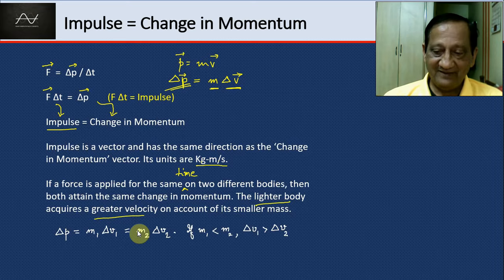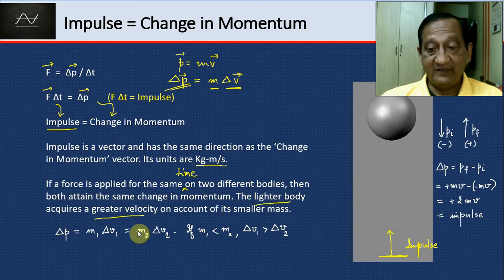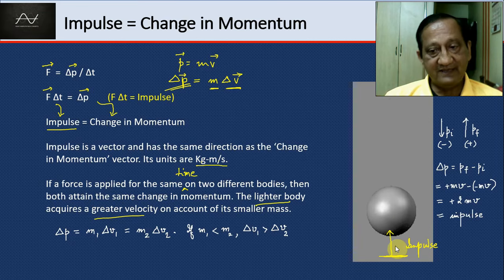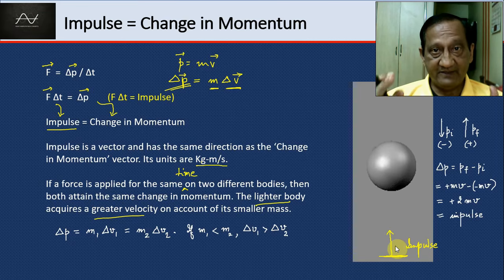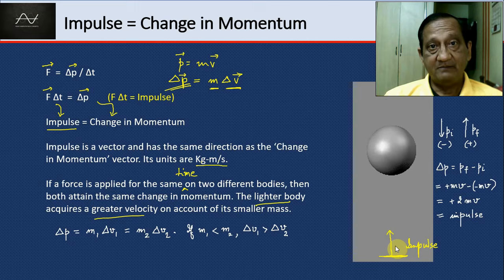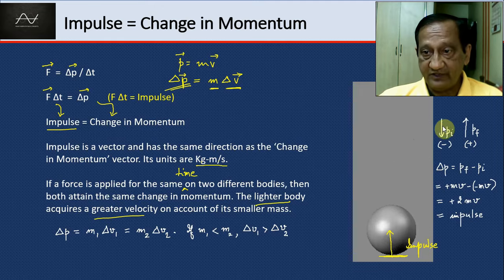Look at this ball bouncing up and down. When it hits the ground, it is changing its direction. Momentum is changing. We are saying that it rebounds with the same speed, but velocity is reversing. That means momentum is reversing. Initial momentum downward, final momentum upward. Downward is negative, upward is positive.